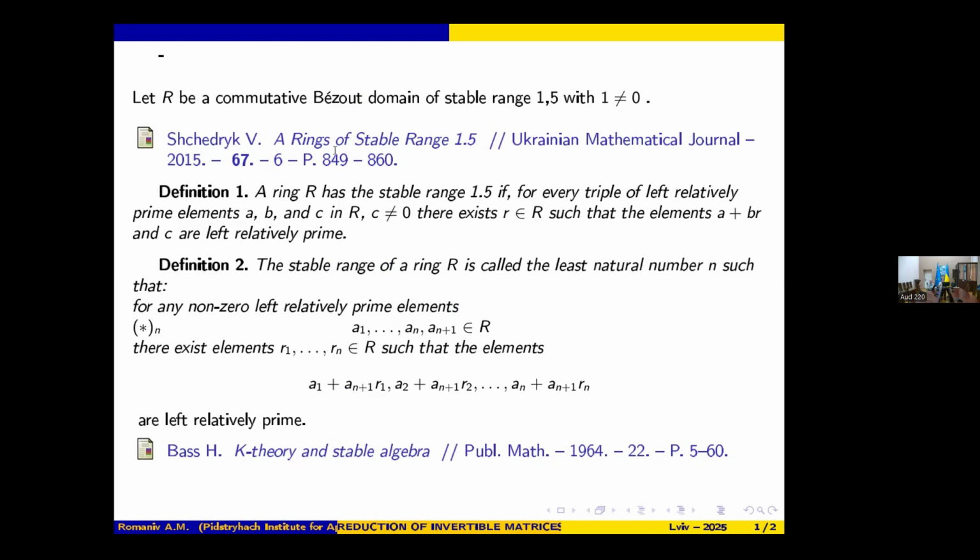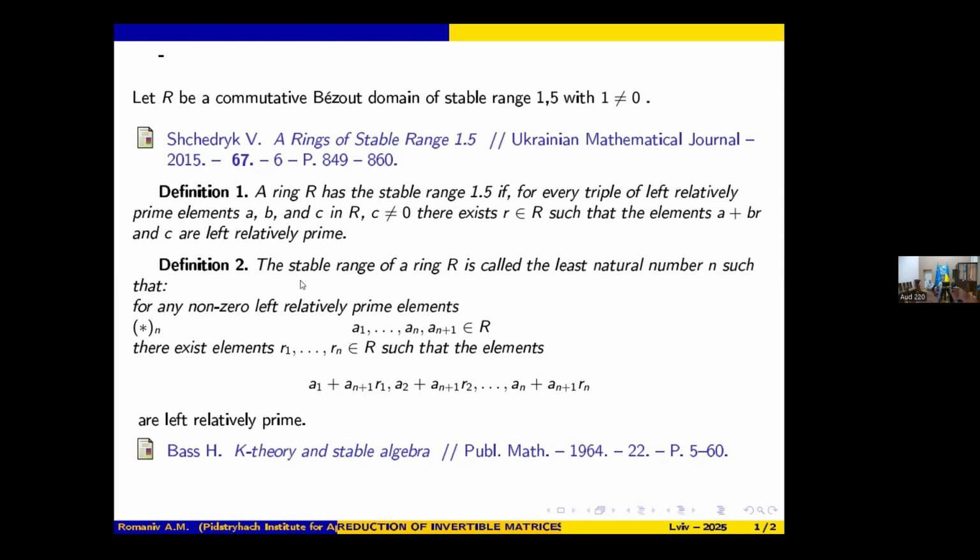In this article, the definition: a ring R has stable range 1.5 if for every triple of left relatively prime elements a, b, and c, where c is not equal to 0, there exists an element r such that the elements a plus b r and c are left relatively prime.